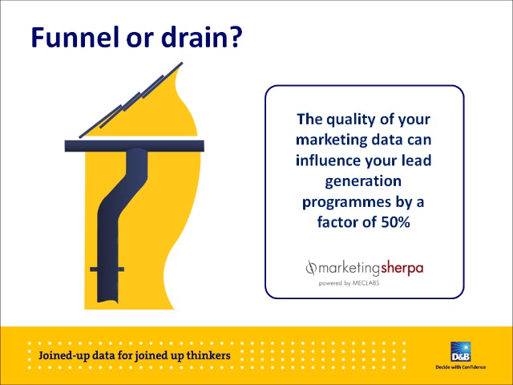And thirdly, lack of information on the lead, so really not knowing much about that lead to have a decent conversation with them. And some research which was done by MEC Labs, who are part of the Marketing Sherpa Group, identified data as the single most important factor which can make a difference in the success of your lead generation programs.